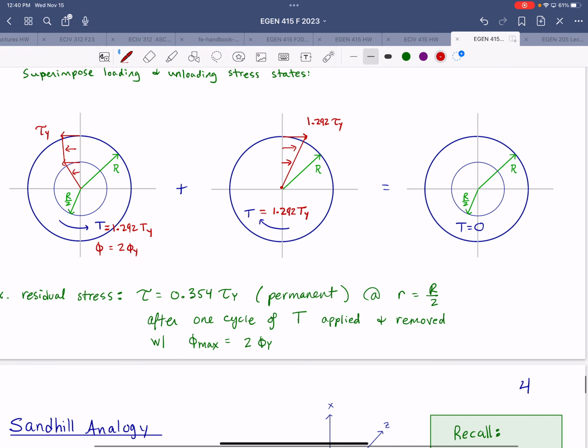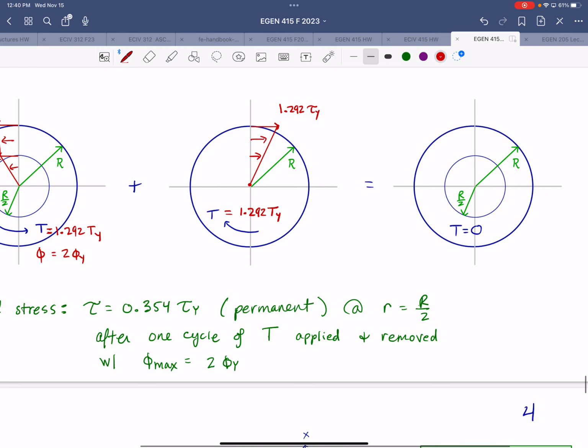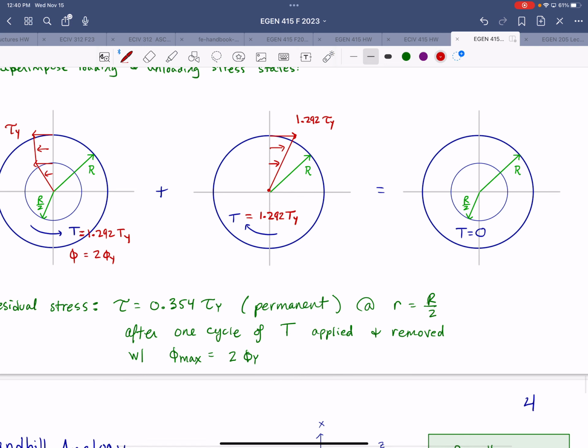So superimposing these two states, we have a torque of 0, and our net shear stress distribution will leave us with 0.292 times the yield stress at the outer fiber.